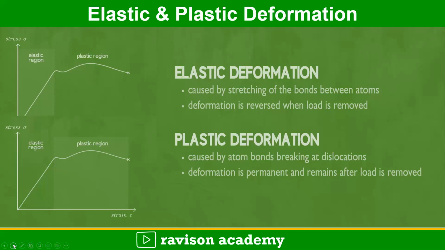Elastic deformation is caused by stretching of the bonds between atoms, and the deformation is reversed when the load is removed. But in plastic deformation, you apply the load, deformation is formed, and when you release the load, the material does not regain its shape. So the plasticity nature exists. From the stress strain curve, you can see the elastic region and the plastic region.